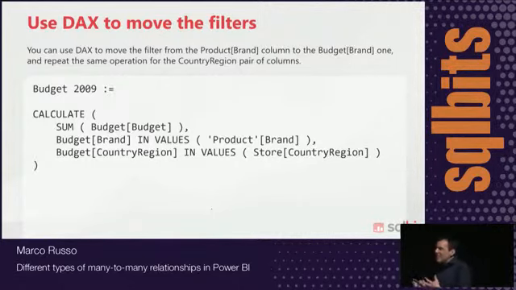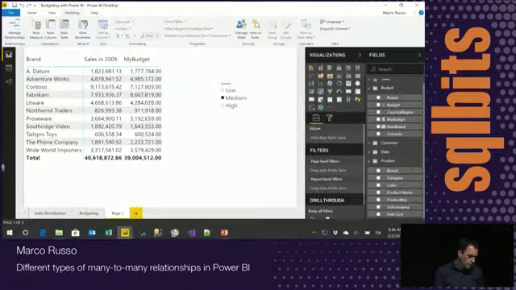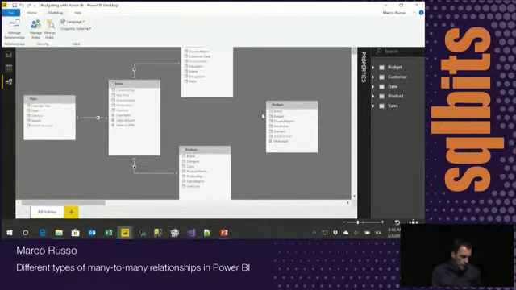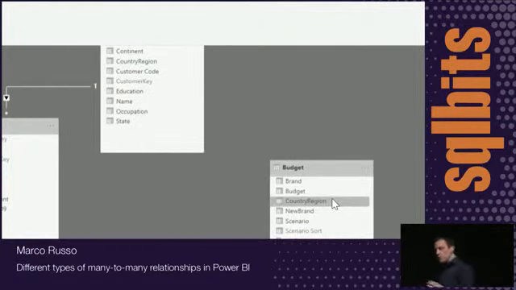But as I said, this is not actually the best way to do that, because a physical relationship in the model would be better. Moreover, there is another problem. If I have a budget for a brand that I don't have in the product table, I will never see that amount.